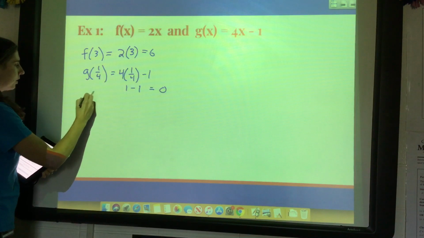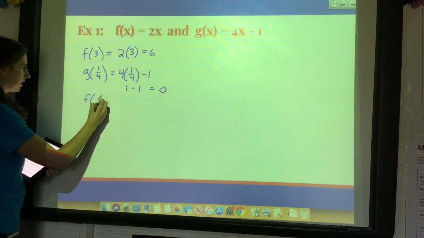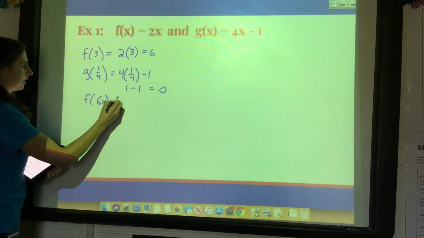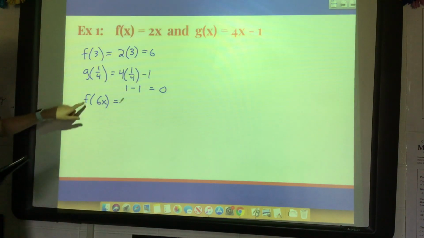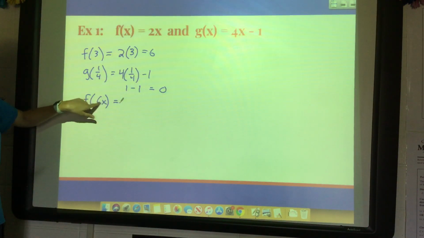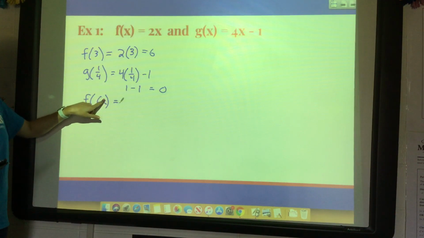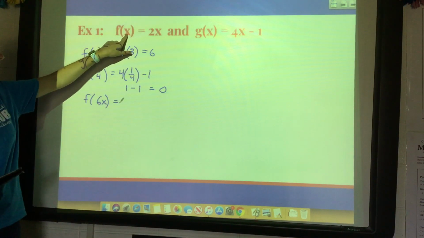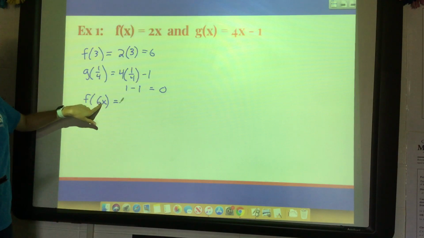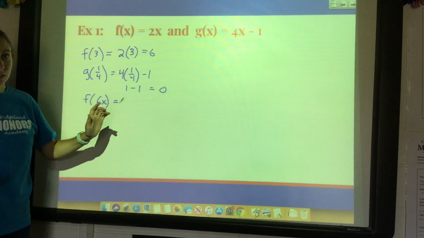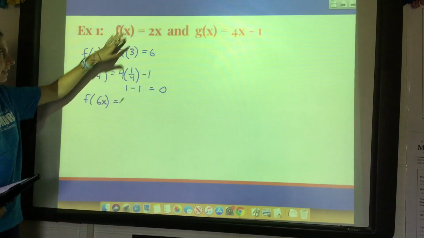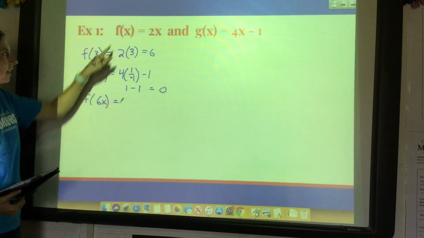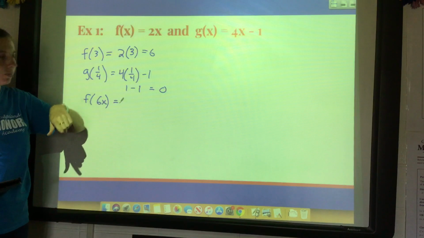What if I wanted to do f of 6x? This is a little different. This is saying take the function f and put in 6x for your input. So instead of an x, I'm going to put 6x. That's literally all you're doing. This x is just a placeholder, and I know it's confusing because there's an x here, but it's just a placeholder for whatever your input is.